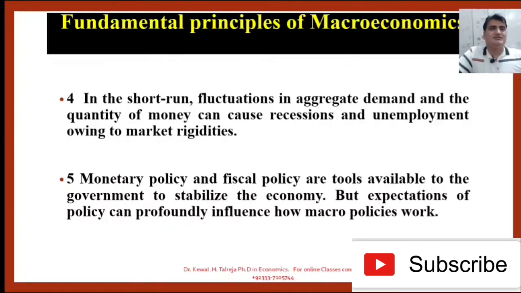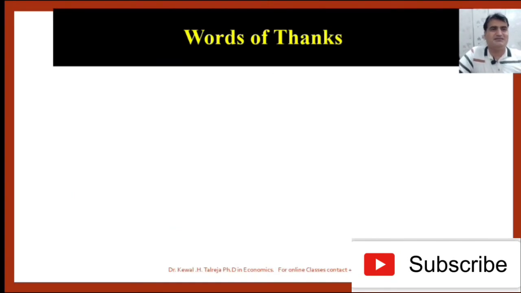Fiscal policy is the set of measures taken by the government to influence the aggregate economy through government purchases, taxes and transfer payments to achieve the macroeconomic objectives of full employment, economic growth and price stability. So monetary policy and fiscal policy are basically the tools available to the government to stabilize the economy. This is all about the fundamental principles on the basis of which macroeconomics functions.